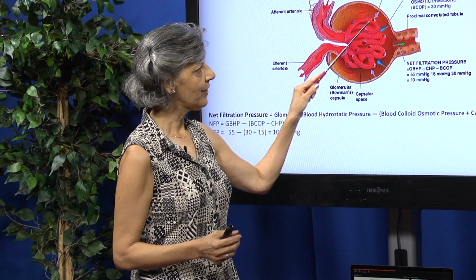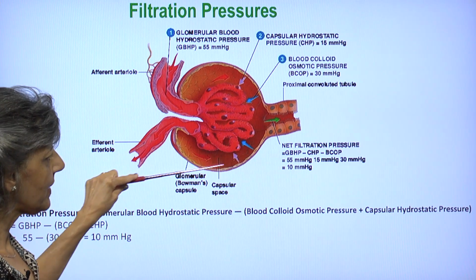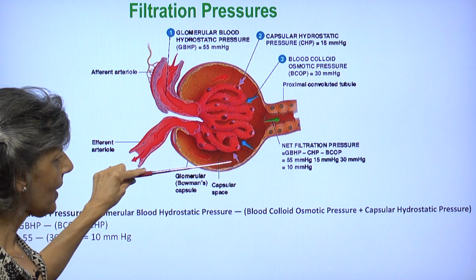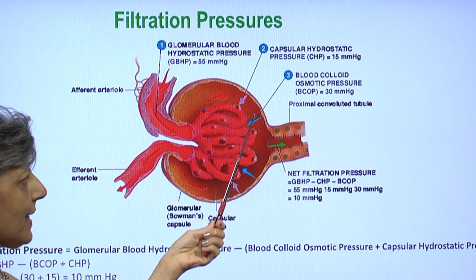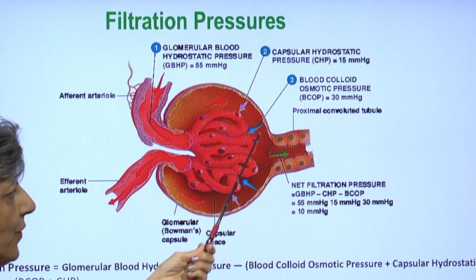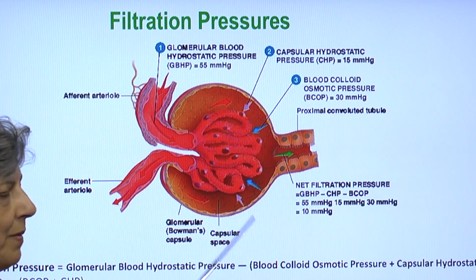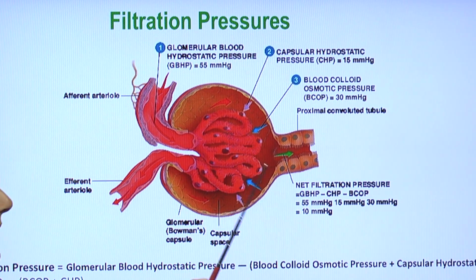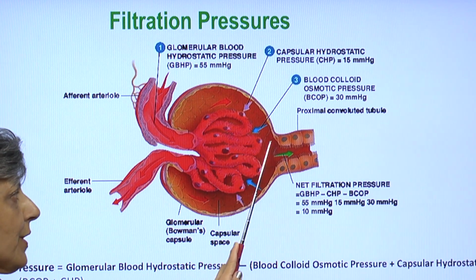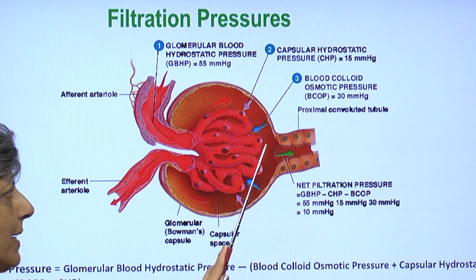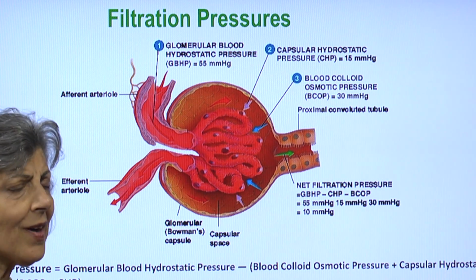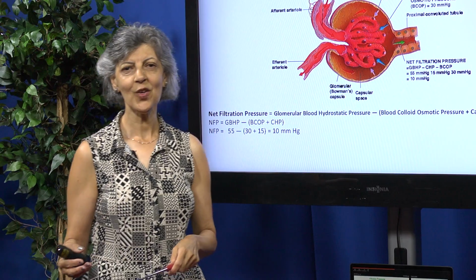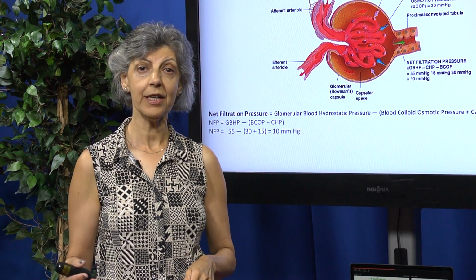The other force that opposes filtration is the capsular hydrostatic pressure. It's the volume of fluid that has been filtered here. It builds up into a certain pressure, and again it wants to push the fluid in the opposite direction, and it will oppose filtration. So finally, we can calculate what we call the net filtration pressure.